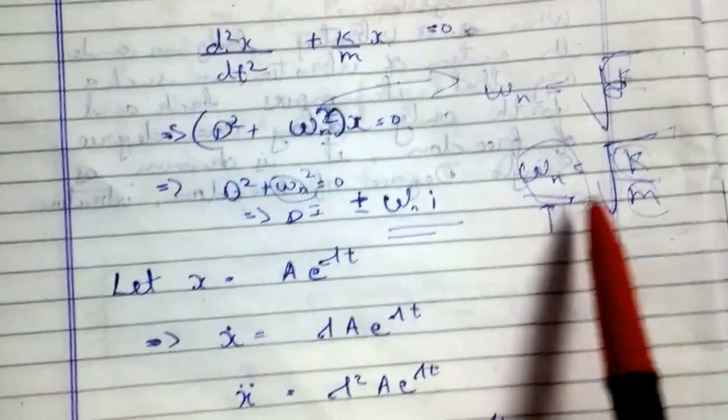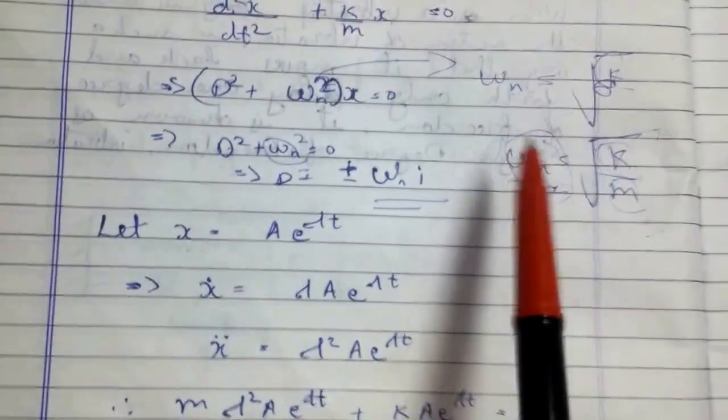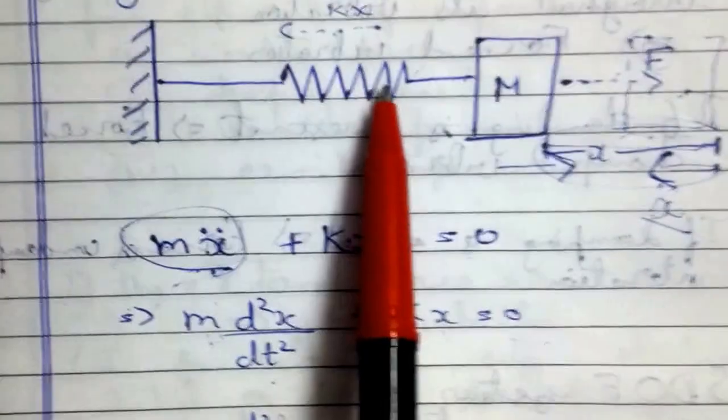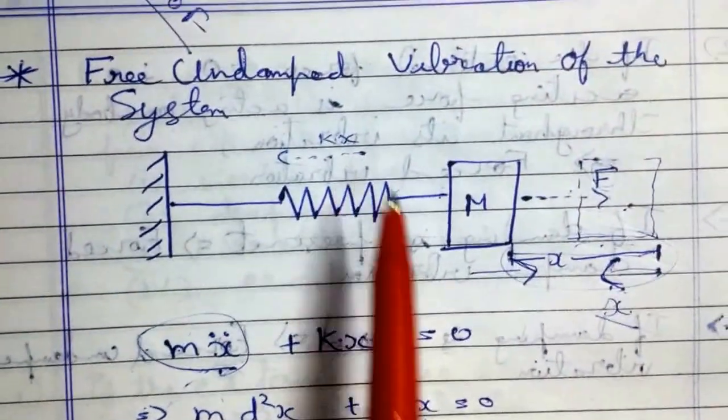So omega n is called natural frequency because it is the inbuilt property of the system with which it vibrates, based on the mass and the stiffness of the spring.